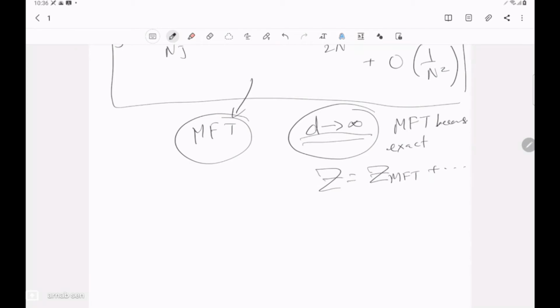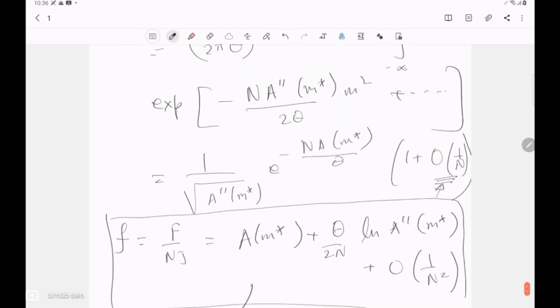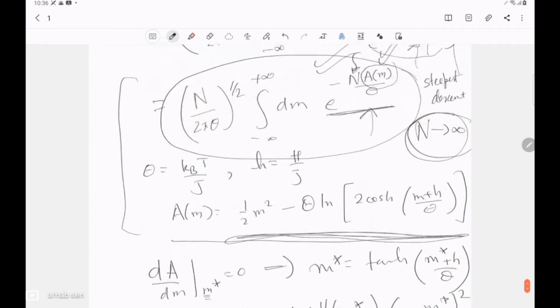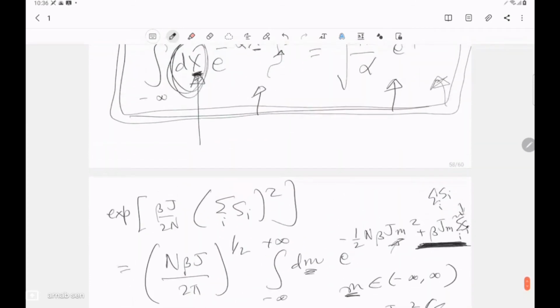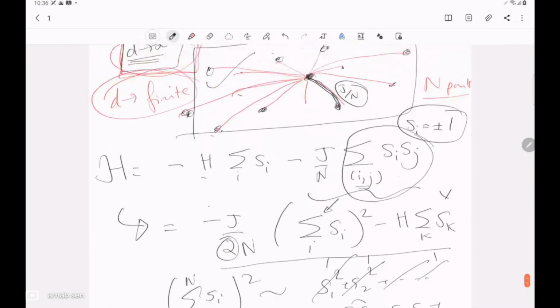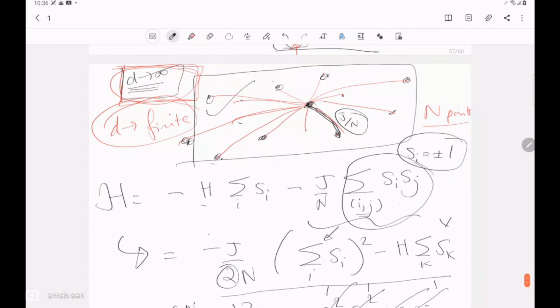Sir, when we take the coupling constant to be j by n, and then we have n becoming very large, so the coupling between spins also becomes weaker as the dimensionality increases, right? Yes, of course. So at some point, can it become completely negligible? No, but you see, that's where you need to take limits very carefully.